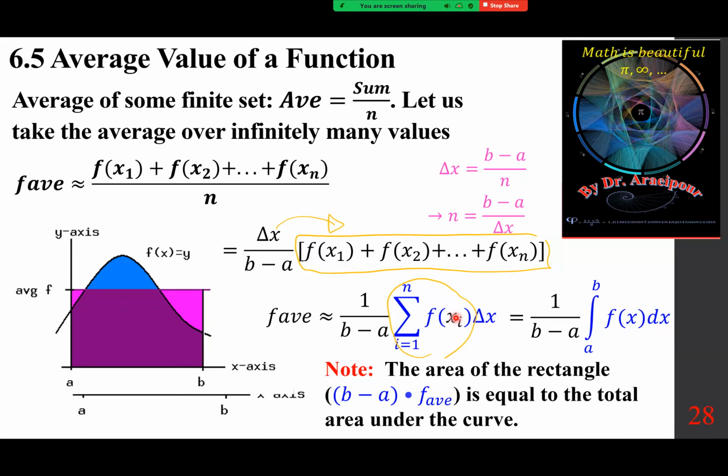Multiplying b minus a by f average gives the area of the rectangle. And what is this one, without 1 over (b minus a)? For a continuous and positive function, that's the area under the curve.